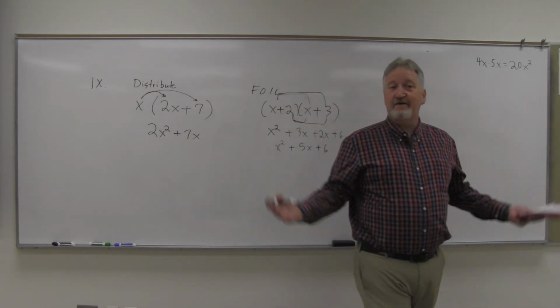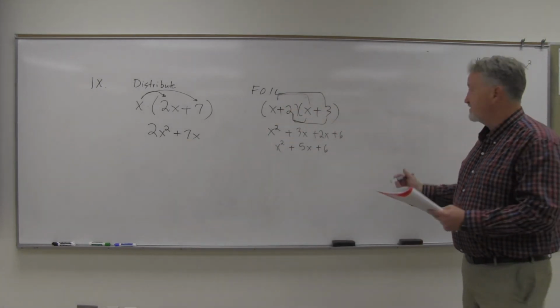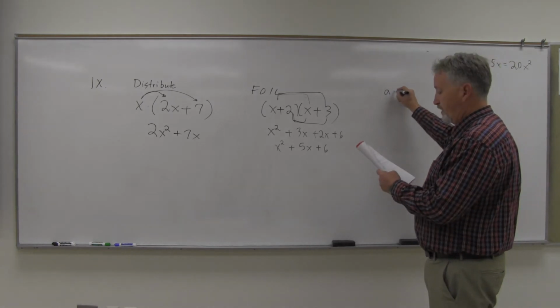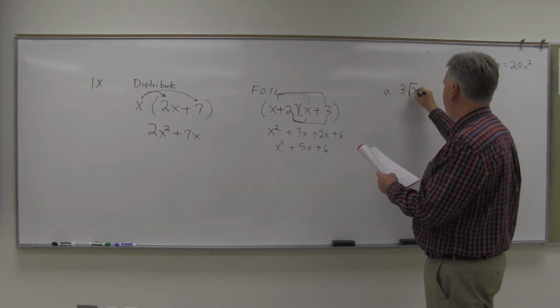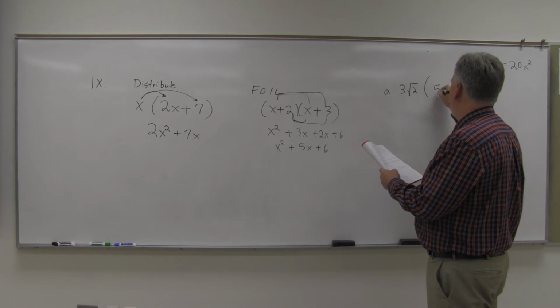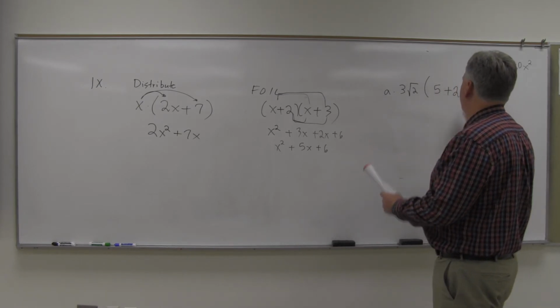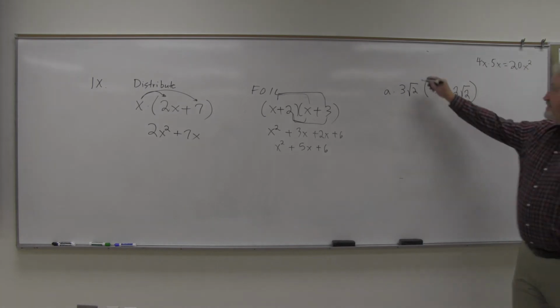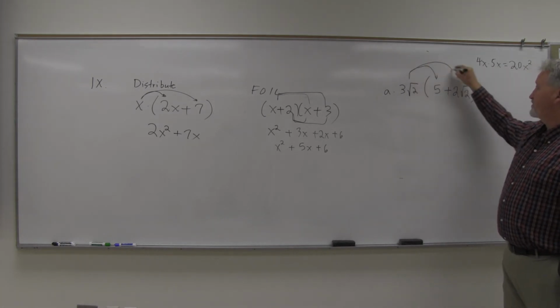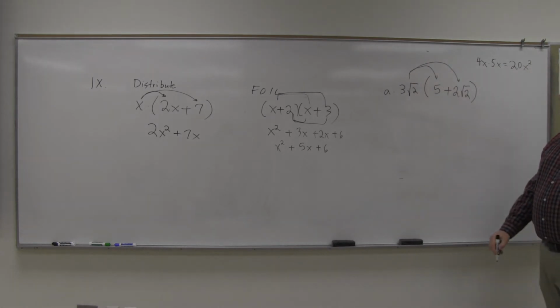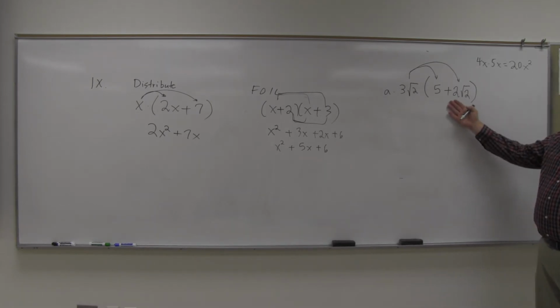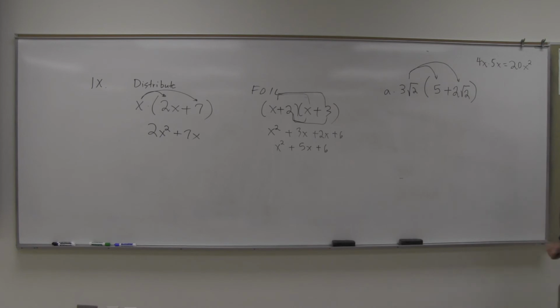The same thing is going to be true for the radicals. So he has a. What are we going to use there on a? 3 square root of 2, parentheses, 5 plus 2 square root of 2. That's distribute. So we take the 3 square root of 2 and distribute. If you have a plus or a minus in the parentheses, that's the trigger for distribute.